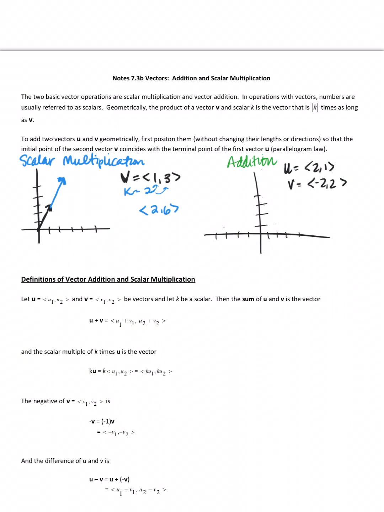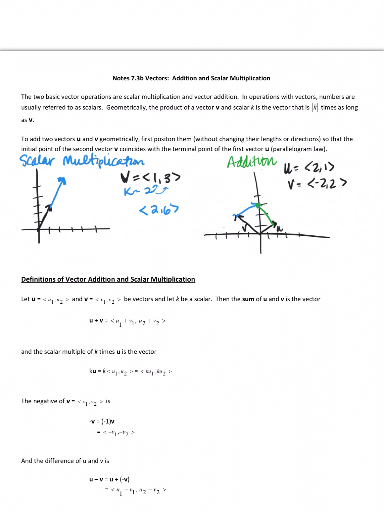So 2, 1 is right here. Negative 2, 2 is right here. Okay, so this is saying I can add u to v, because here's u, right? Here's v. If I add u to v, that ends me right about here. Or if I added v to u, that ends me right about here.